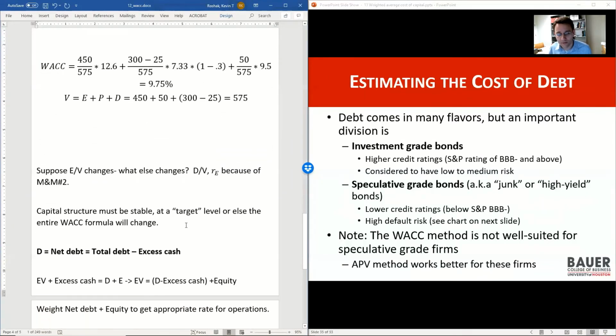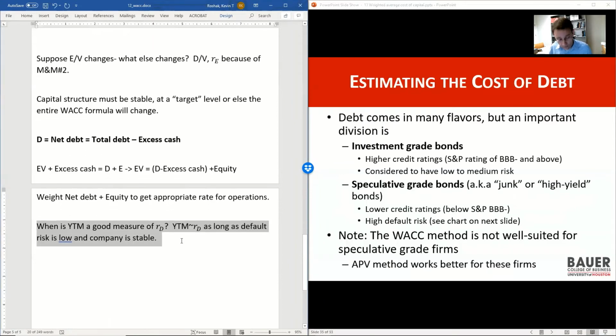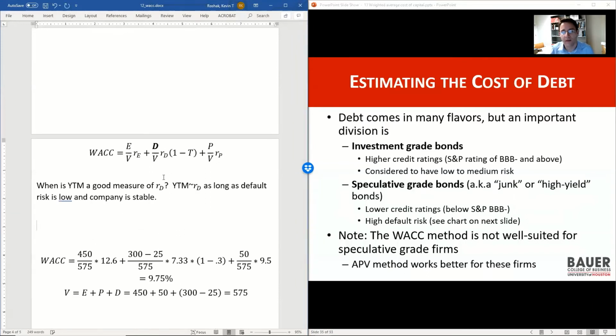We mentioned above that the yield to maturity is only going to be a good measure when the probability of default is low. We said that just because you need a stable company. If the company is not stable, if there's a risk of default, then the yield to maturity is not going to be very good, and you're just outside the scope of the weighted average cost of capital. You're not in a world where you can use it if the company could default.